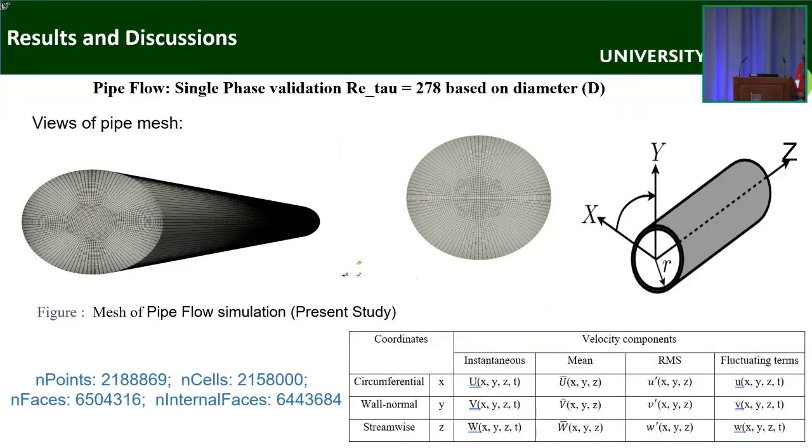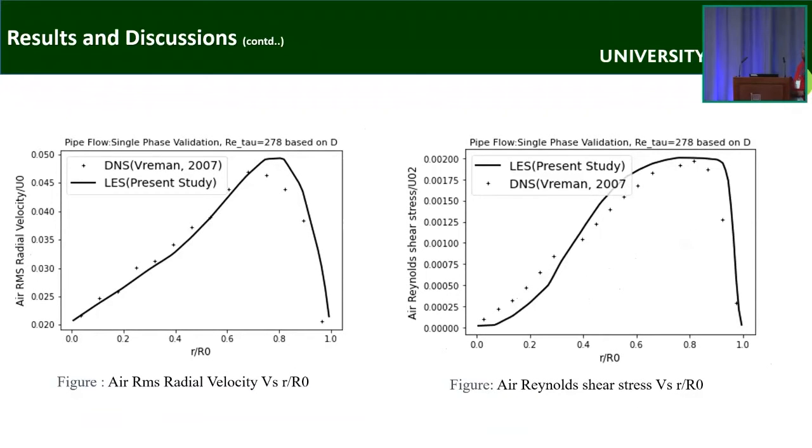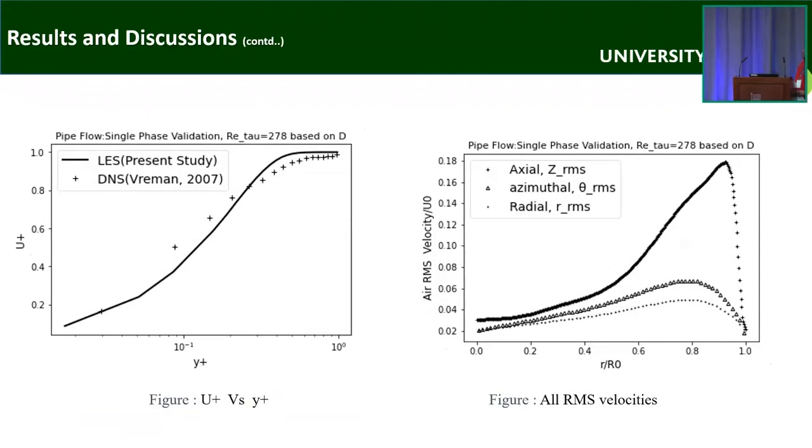So this is my mesh and the different components of it. And these are some of my validation results. Here is the stream-wise mean velocity versus radius. I basically used air as the fluid. So here are the mean velocity and RMS velocity: the air stream-wise RMS velocity, the radial RMS velocity, the Reynolds shear stress, and y plus, u plus versus y plus, and all the RMS velocities are here.